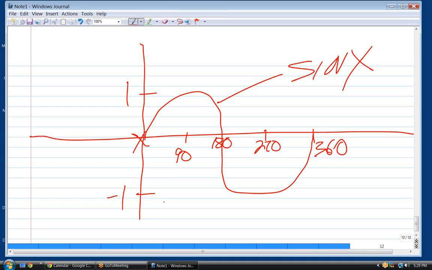It's 0. What's the sine of 90? It's 1. What's the sine of 180? It's 0. The sine of 270 is negative 1. And the sine of 360 is back to 0. So if you know this graph and you know how to break it up into its quarter points, then you can use the graph to figure out all of the quadrangles. But that other technique is not bad.